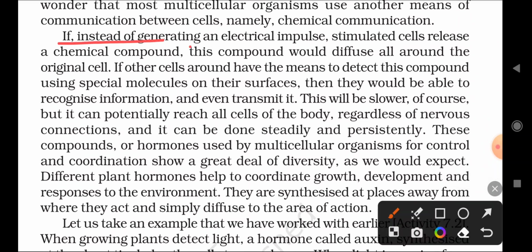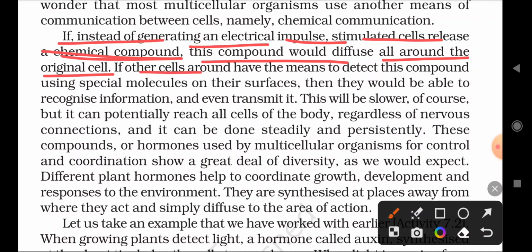If, instead of generating an electrical impulse, stimulated cells release some chemical compound, this compound would diffuse all around the original cell.